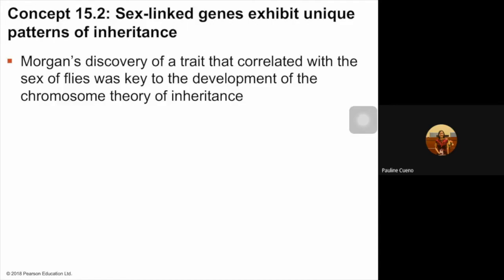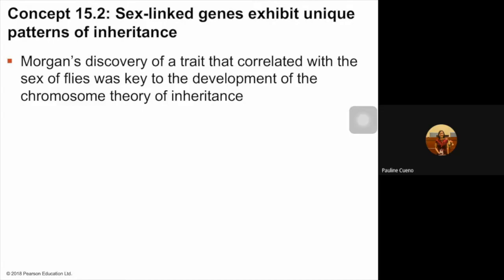So the next concept that we will be discussing will be the sex-linked genes. Since, as I have said earlier, based on Morgan's experiment, he was able to distinguish something: even though the ratio is the same as Mendel's, the difference is that Morgan's test organisms were specific in terms of sex.